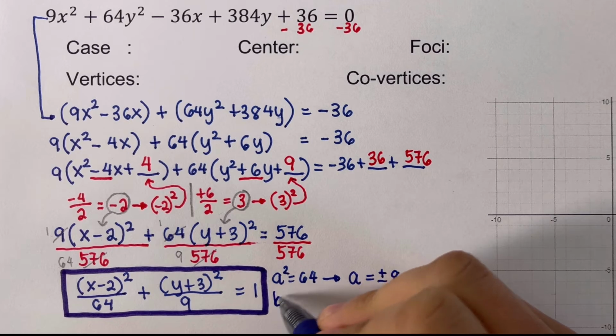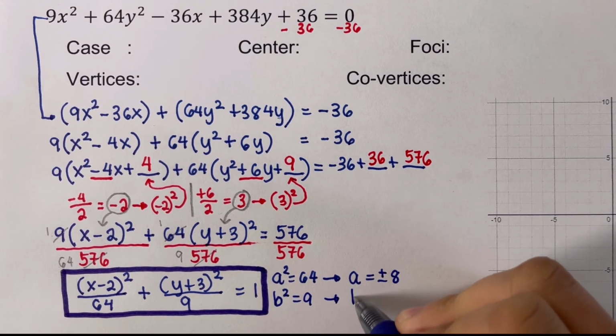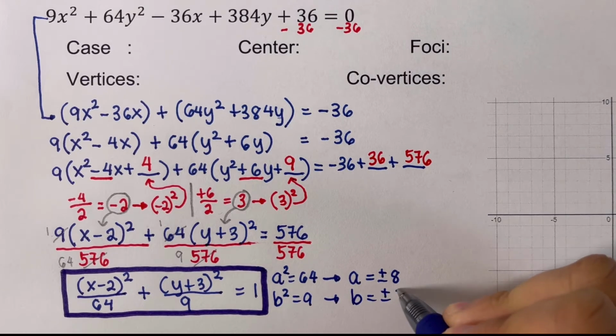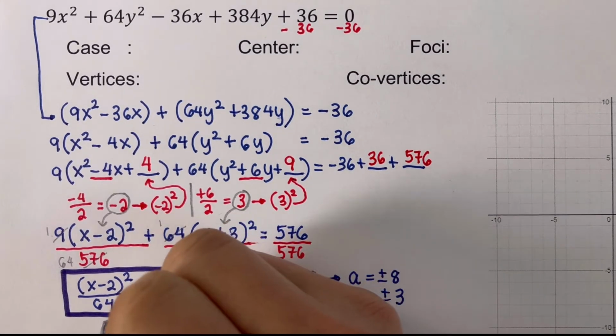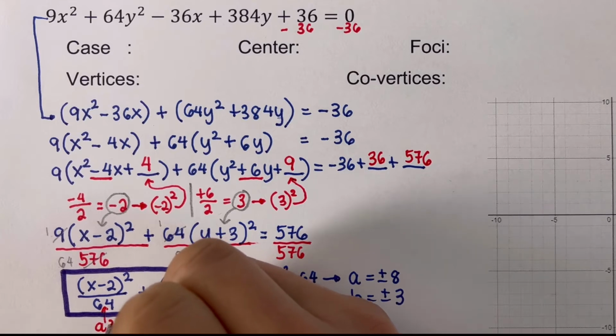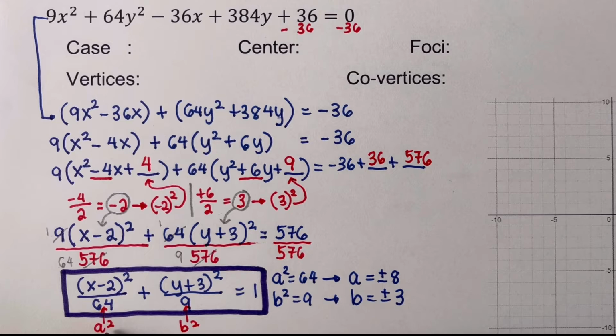And if we have a b squared of 9, we can say that our b is plus minus 3. Now, looking at this, we can say that this is an example of a horizontal ellipse because this represents our a squared and this represents our b squared. Our a squared is under the x, and so this is a horizontal ellipse.